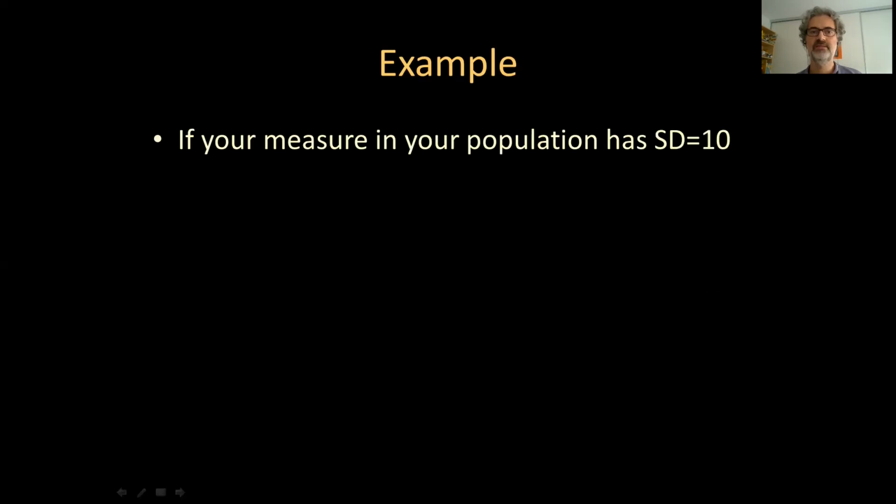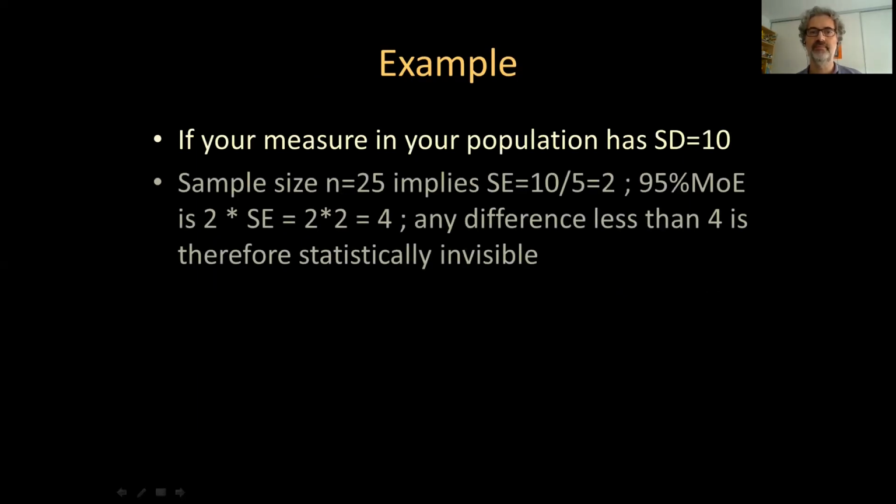Here is the example. Let's say the measure in your population has a standard deviation equal to 10. A sample size of 25 implies that the standard error would be 10, that's the standard deviation, divided by the square root of 25, that's 5, so the standard error will be 2.